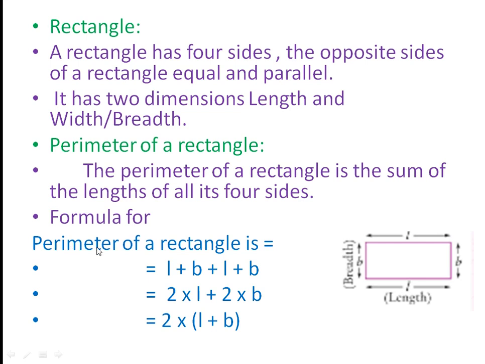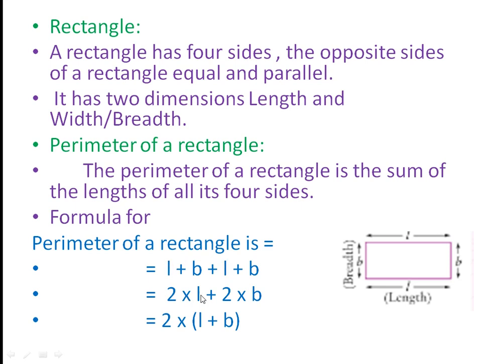And what is the formula for the perimeter of the rectangle? The sum of the lengths of all its four sides means L plus B plus L plus B. Here two lengths are there.